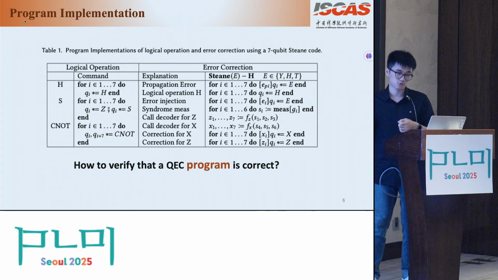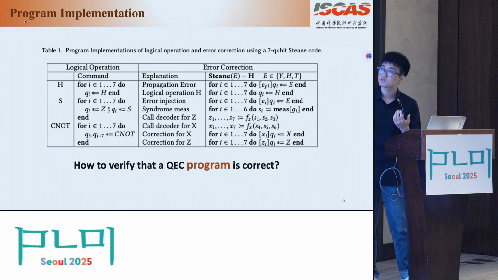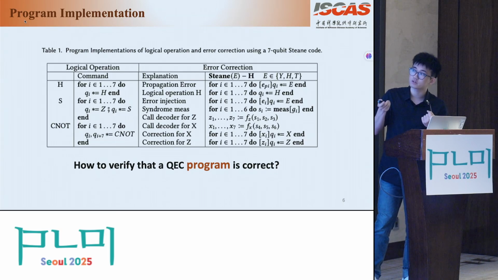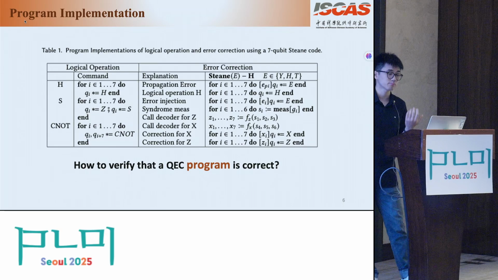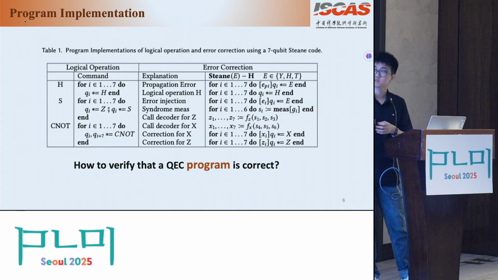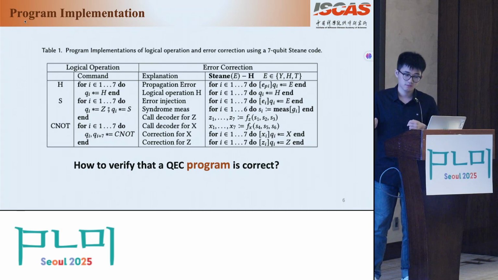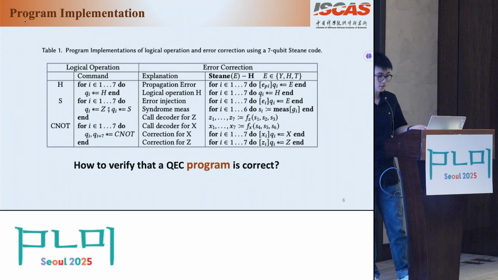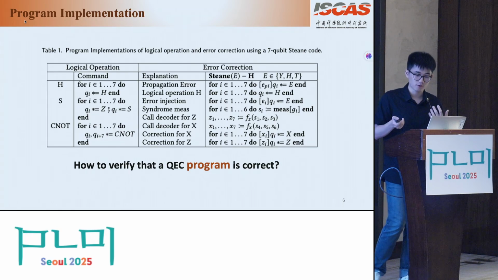This table illustrates the program implementations of the transversal logical CNOT gates and an error correction block built upon the Steane code. We decompose the QEC block into 5 steps. The first, the logical operation, then the error injection procedure, followed by the syndrome measurements and the external decoder call, and finally the recovery operations.